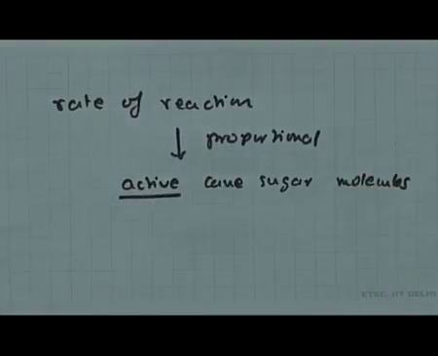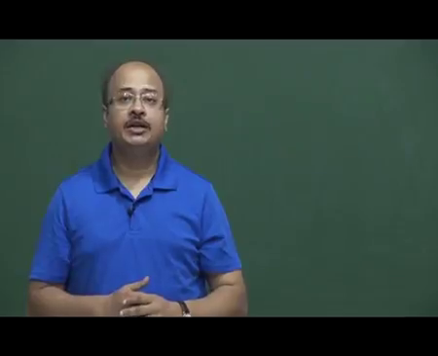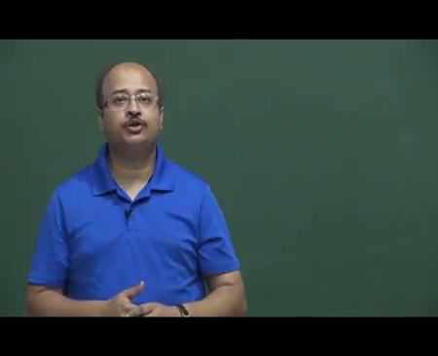So, this introduction of the word active was a key step taken by Arrhenius in his generalization of that expression, k is equal to A e to the minus E_a by RT.